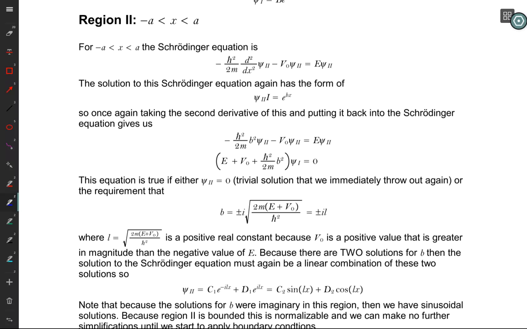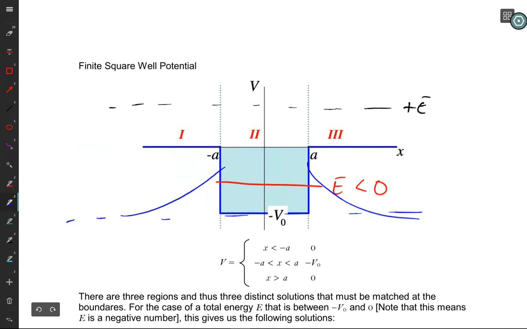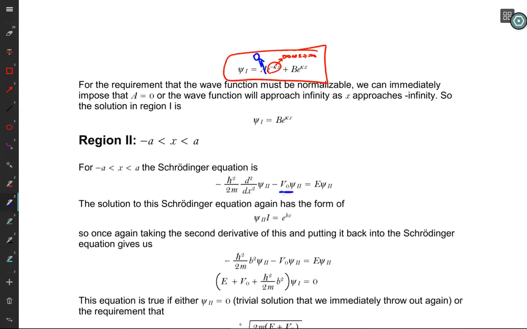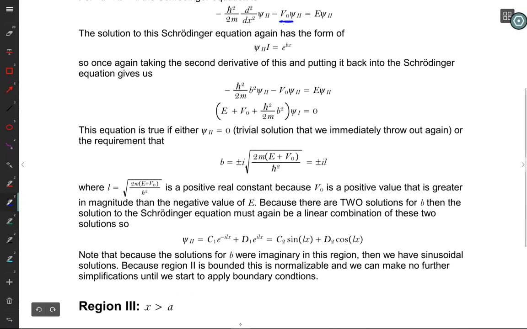So in region 2, now we're going to have a V that's not 0. So when we put that V in here, there's the V, and it's negative V0. And by my picture, I already defined that E is a more positive value than V0, even though they're both negative. So that means that when I take this and I rearrange, I have moved everything over so it's all positive.